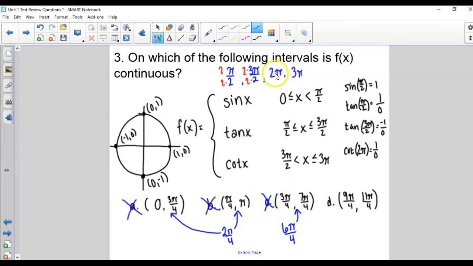And 2 pi, that's like 2 pi over 1, so we'd have to multiply by 4 on top and bottom, and that would give us 8 pi over 4, which is not in this last range, so that's good. And then the last one, that's like 3 pi, so we'd multiply by 4 on top and bottom. That would give us 12 pi over 4, which is also not in this range. So D would be our answer here.